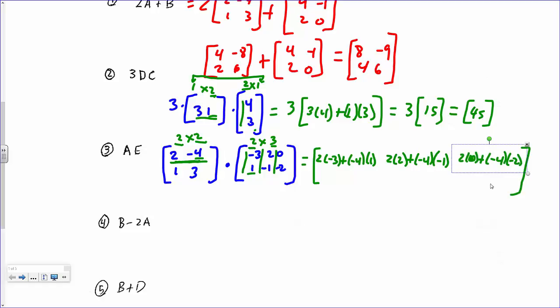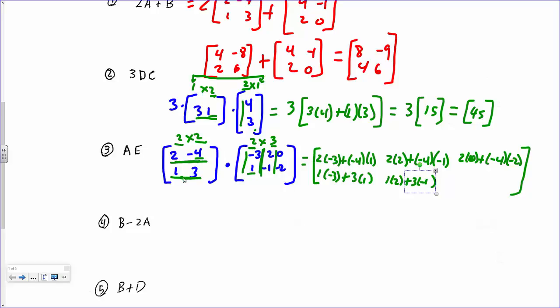So we got this. For the second row, this row times the first column, that's 1 times negative 3, plus 3 times 1. Now the second row times the second column: 1 times 2, plus 3 times negative 1.